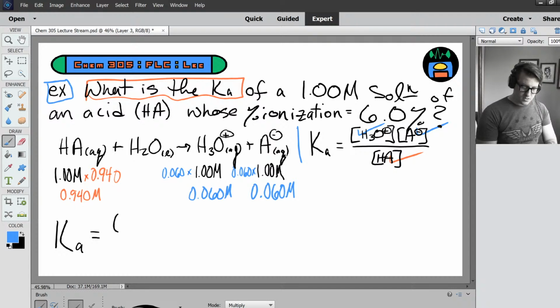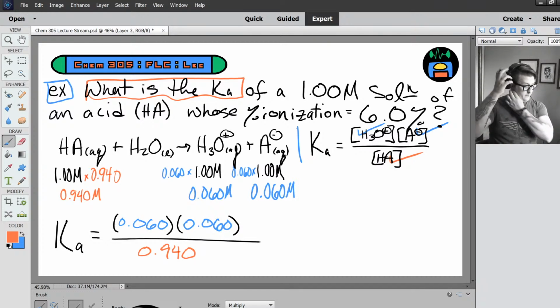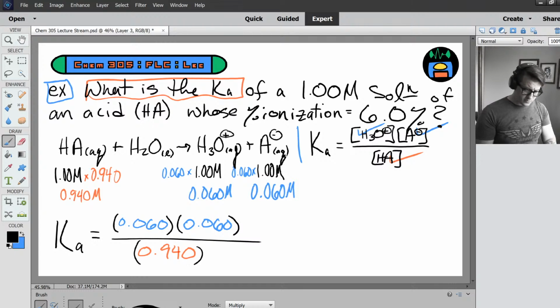So we have 0.060 for our hydronium, 0.060 for our conjugate base, and then we have 0.940 for our molarity of HA. You may be wondering why I'm not using units. It's because the equilibrium constant, I may have forgotten to mention this before, is a unitless quantity. So you never include units for it.